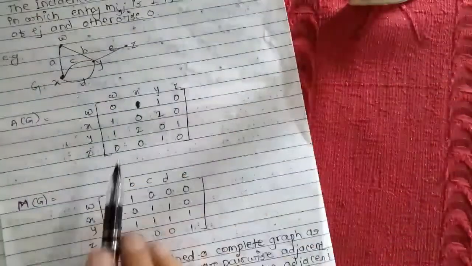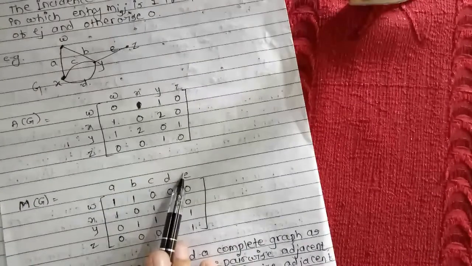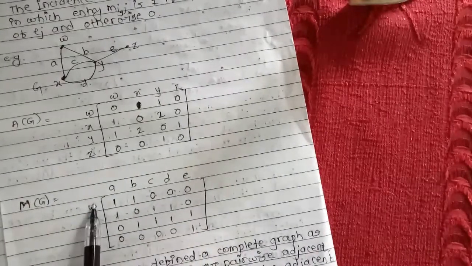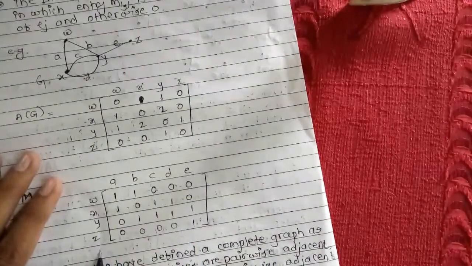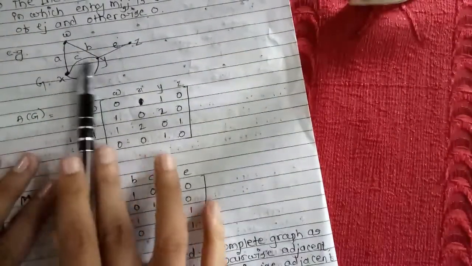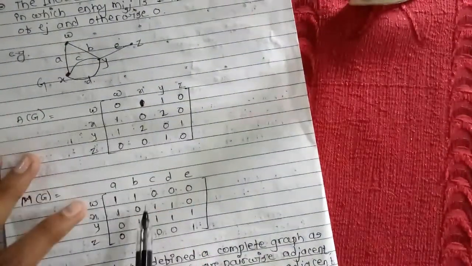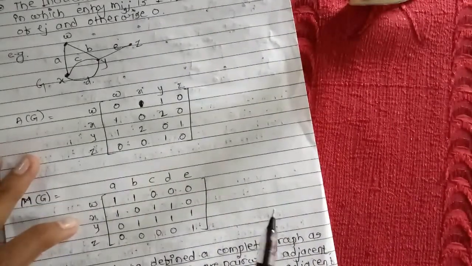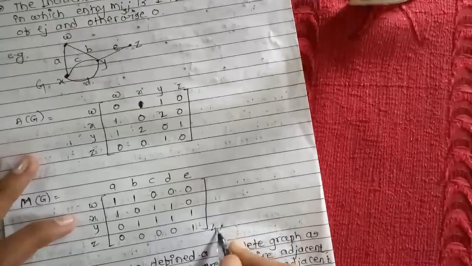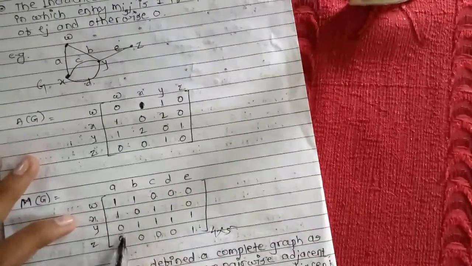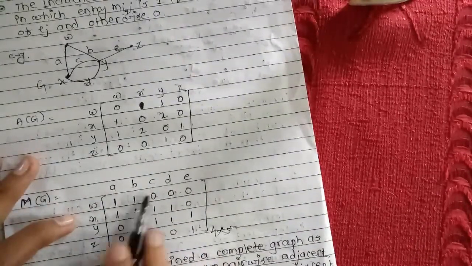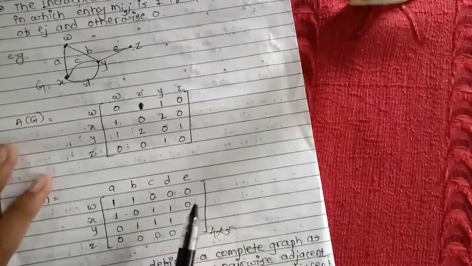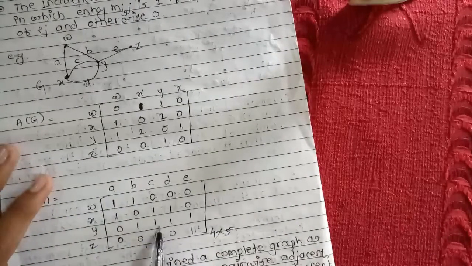In this graph, there are 4 vertices and 5 edges. That means this matrix is 4 by 5, 4 rows and 5 columns. Now we find the entries Mij.